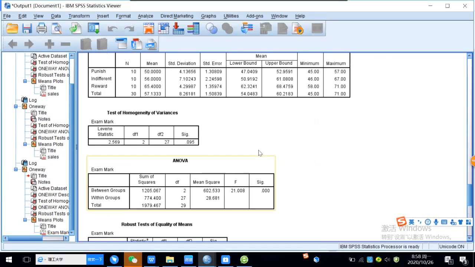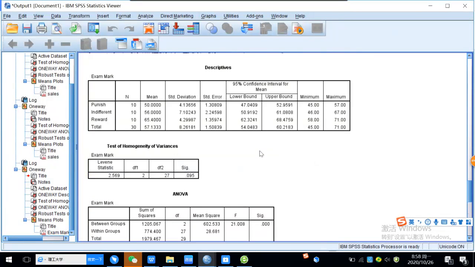Okay, let's look here. The test of homogeneity of variance shows the Levene statistic is 2.569, and the significance is 0.095, which is more than 0.05.